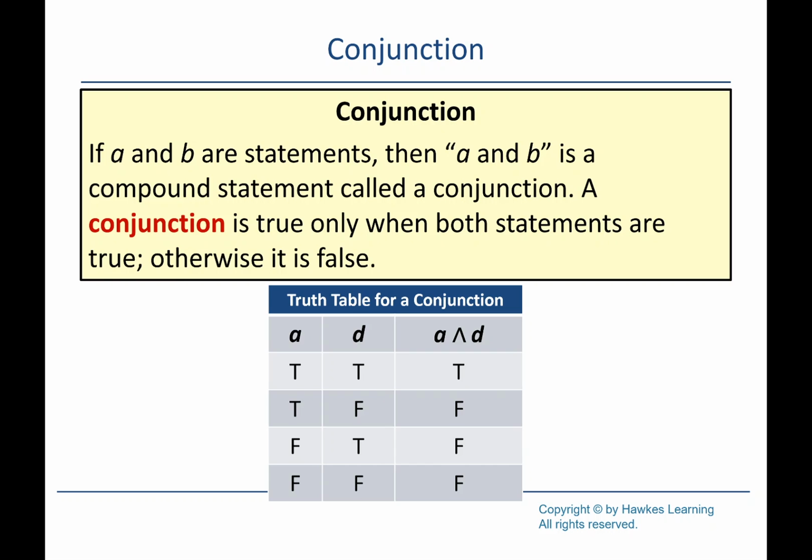This tells us if we're using and, remember that's our symbol for and, to join two statements, the only time our compound statement is going to be true is if both of the smaller statements are true. I've got to have first true and second true. Any other combination will end up with a false compound statement.